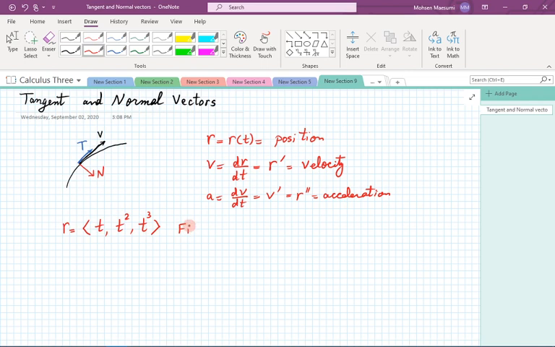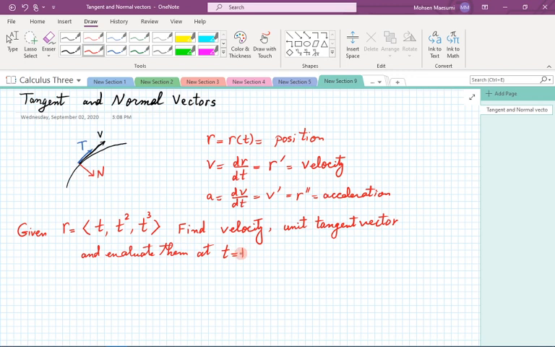Given this space curve, we want to find, let's say, velocity and unit tangent vector, and evaluate them at a specific time, let's say t equal to 1, and find the equation of the tangent line at this point.